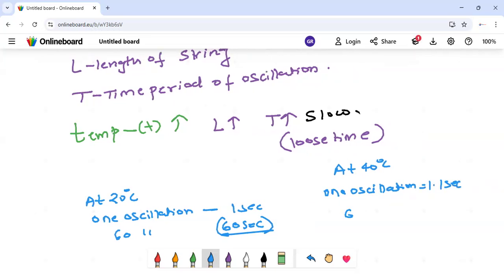Now 60 oscillations will take 60 into 1.1. But how much will you measure? You will only measure 60 seconds, because each oscillation is equivalent to 1 second. In actuality you should measure 60 into 1.1, but you are measuring 60. So the difference will be the time lost.